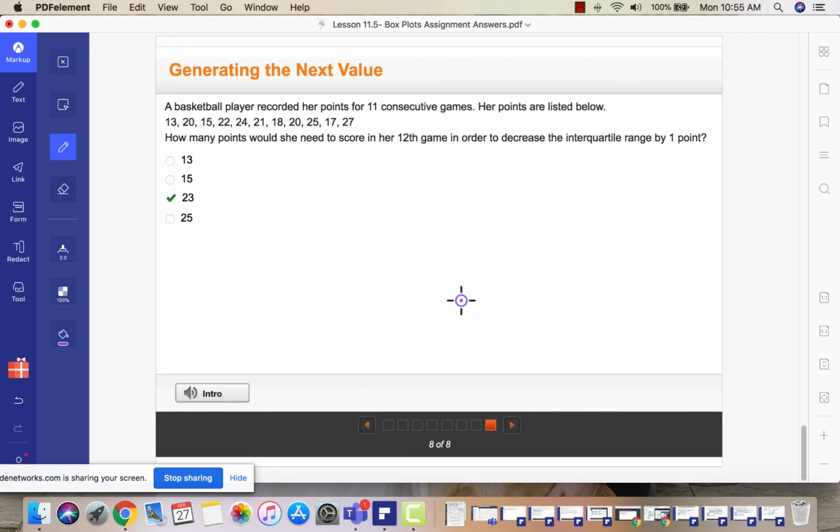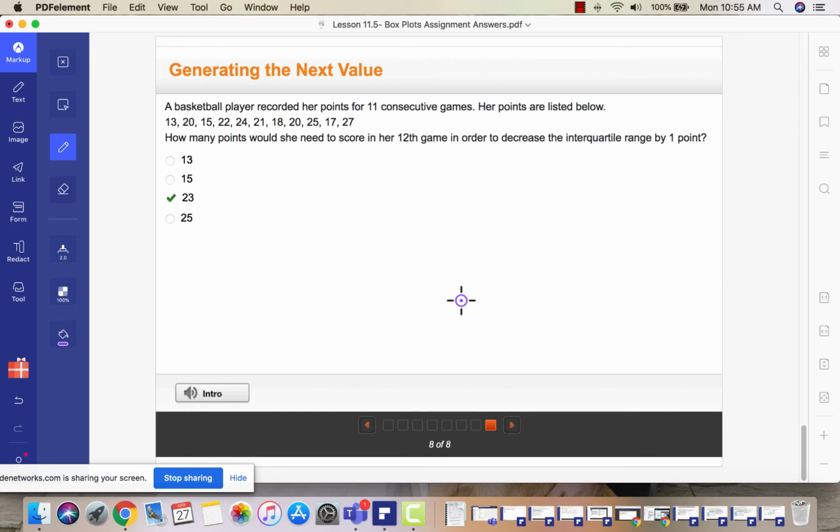Her points are listed below: 13, 20, 15, 2, 22, 24, 21, 18, 20, 25, 17, and 27. How many points would she need to score in the 12th game in order to decrease the interquartile range by 1 point? All right. So first what we need to do is find our interquartile range.